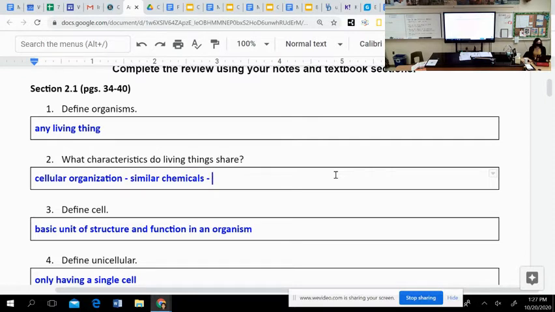So what they're composed of, what they're made of. What else? Keep going. Energy use. Okay. Respond to surroundings. So that's that stimulus and response. Their ability to grow and develop and reproduce. Okay, they can grow and develop, and then they can also reproduce.